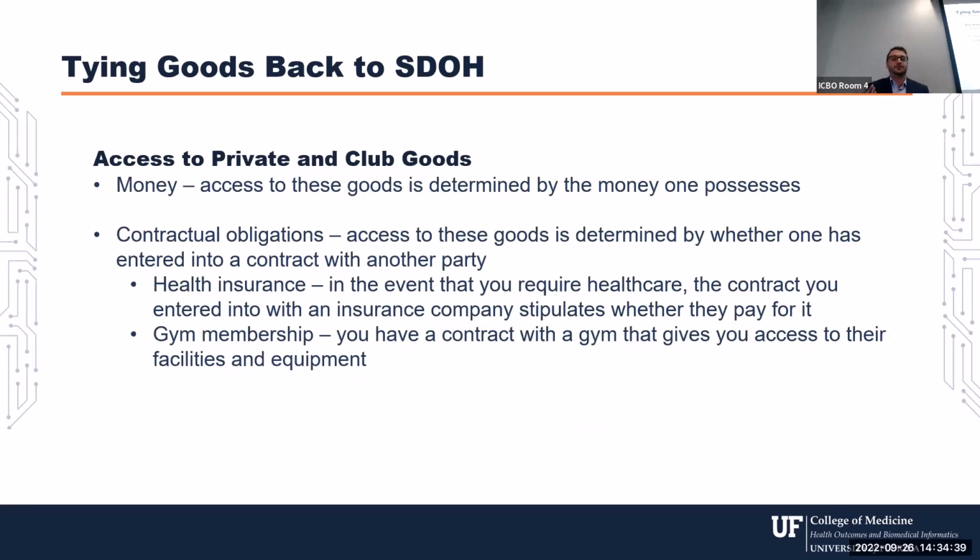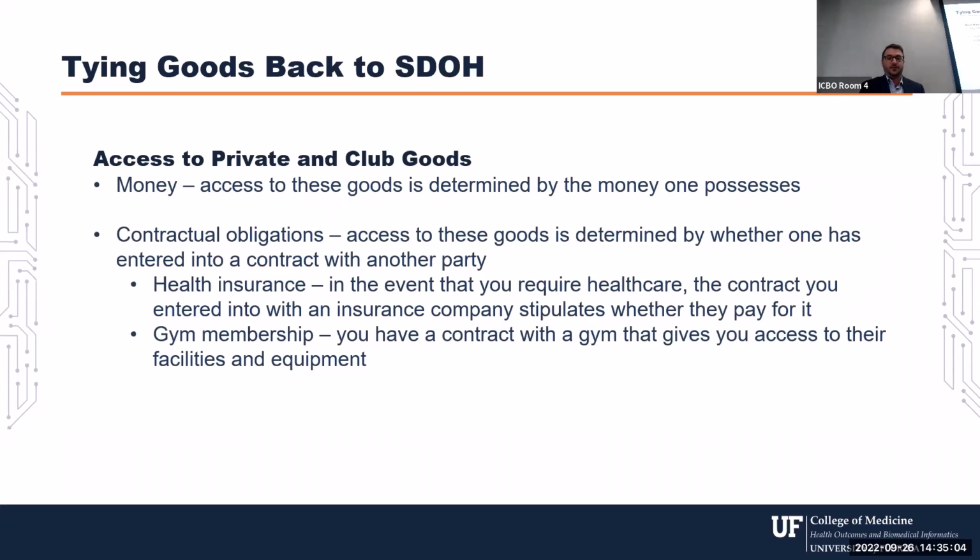And so basically, access to private or club goods is often limited by our money and contract, and whether or not somebody has entered into some sort of contract to use some sort of facility or service, or good for that matter.